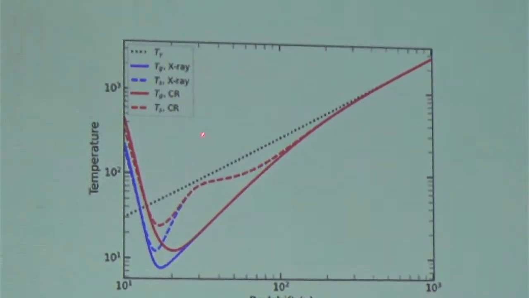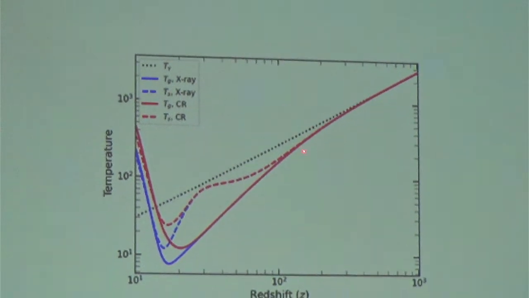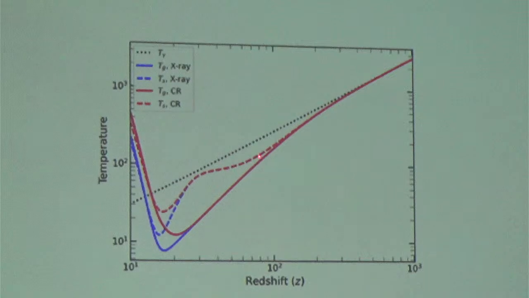Let me explain this spin temperature curve. As I said, during the dark ages, collisional coupling is important. So during collisional coupling, at redshift around, let's say, 200 or 300, this red dashed line is the spin temperature.